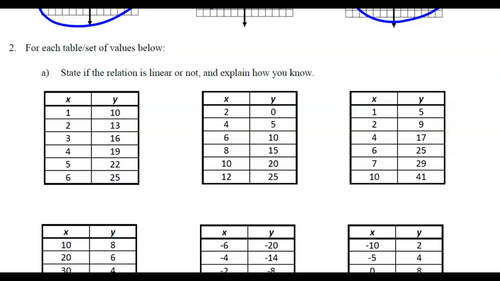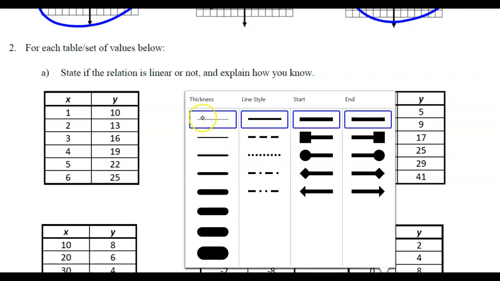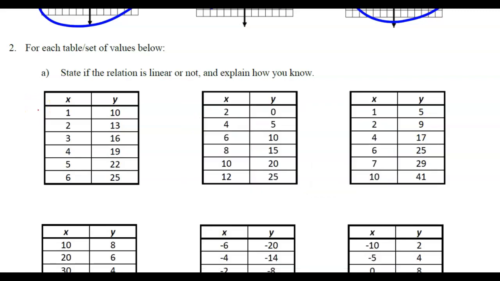So here, if I take a look at each of these, as I go from 1 to 2, 2 to 3, I'm increasing by 1. So that means that my change in my dependent, the y, if it's linear, has to be the same amount each time because these are all ones.